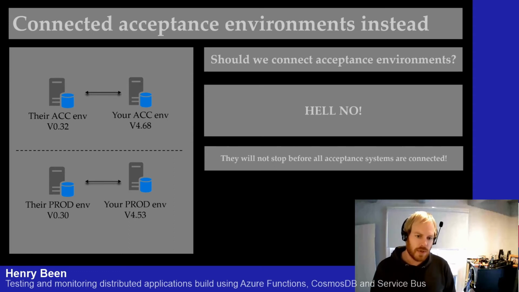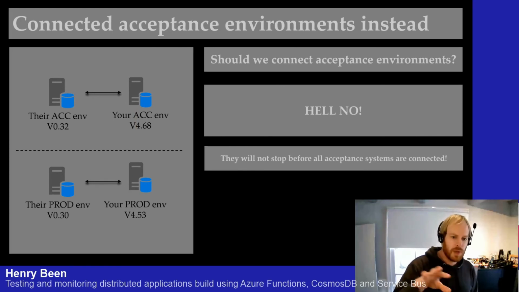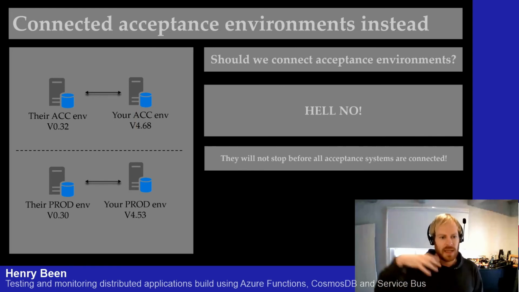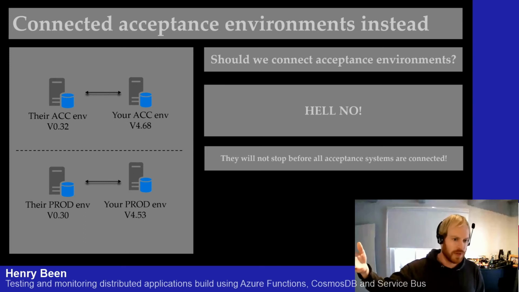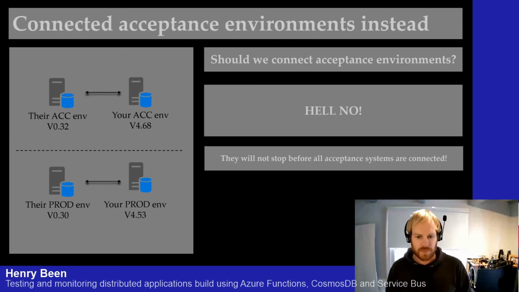And that reason is that in the acceptance environment, we are running 4.86, and the system that we're calling is running 0.32. And we both have other versions in production, which is actually very normal, because after you've deployed, you start working on your next version.